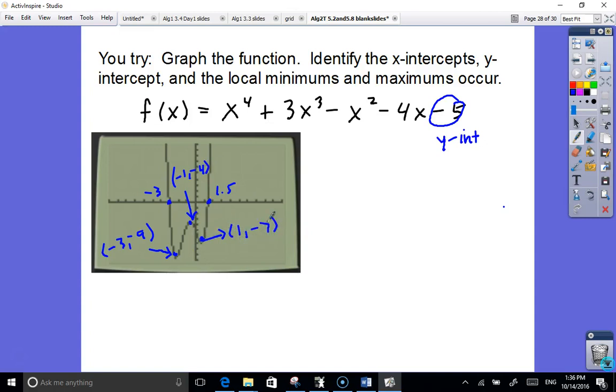So, based on that, what is the range? Greater than or equal to -9, right? -9 is the lowest point on the graph, so the range would be y greater than or equal to -9, if that's the right point.